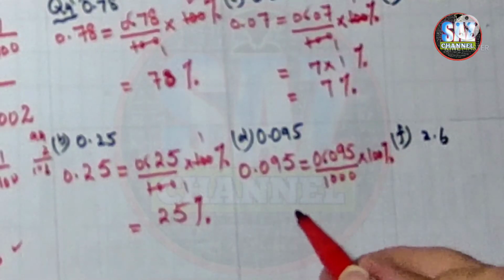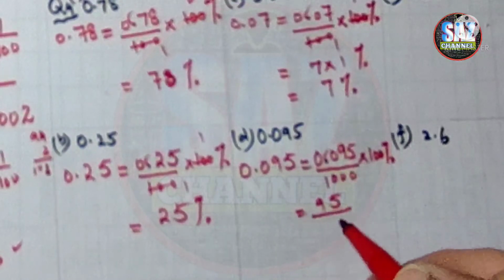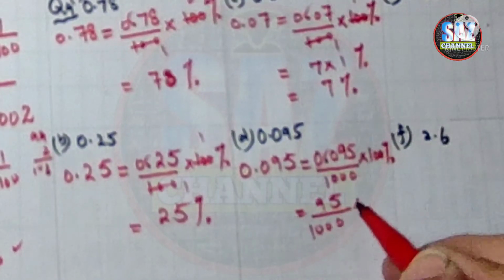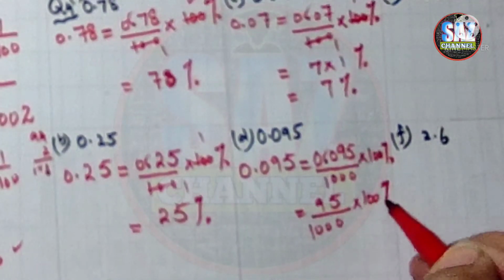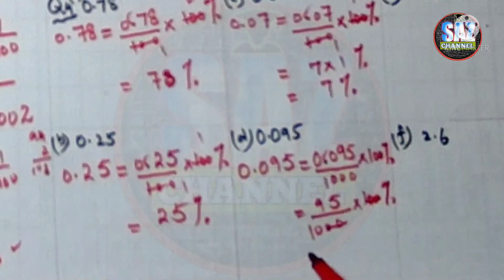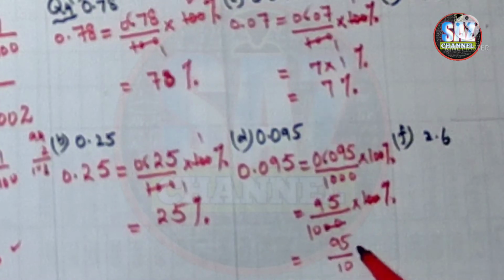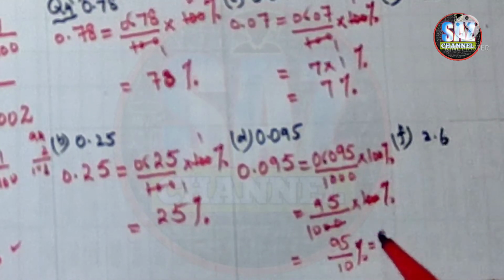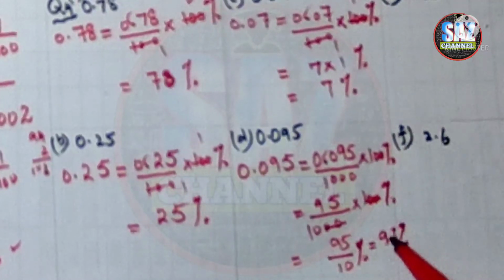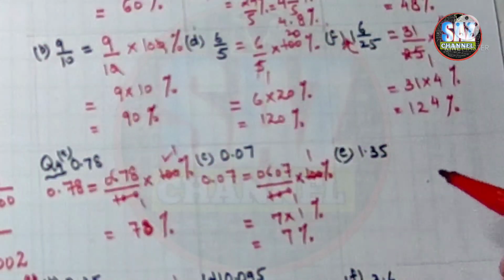We are left with 95 by 1000 multiplied by 100%. Now learn to make your calculation easy. 0 goes with 0, and you are left with 95 by 10, which is equal to 9.5%.